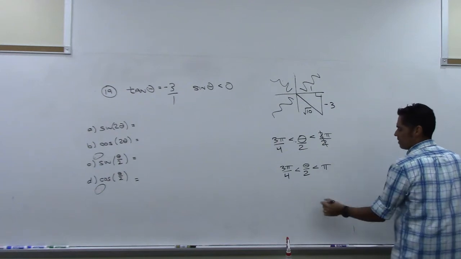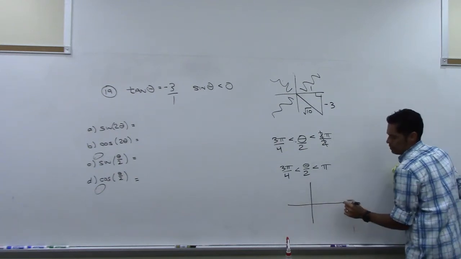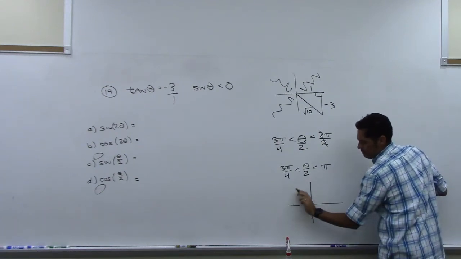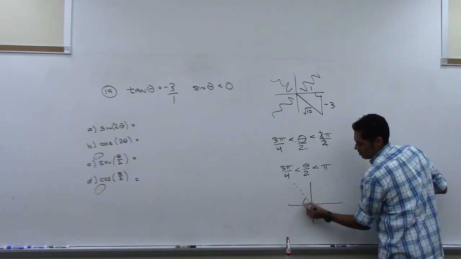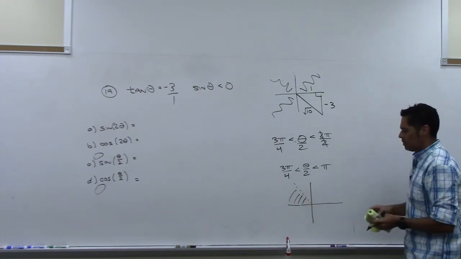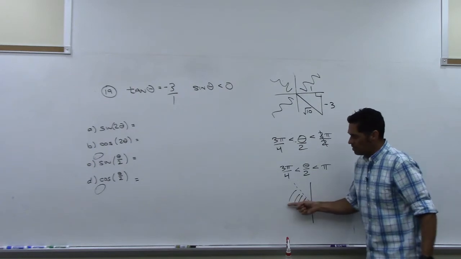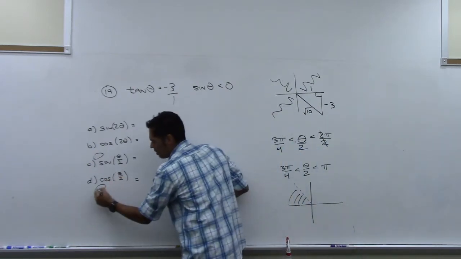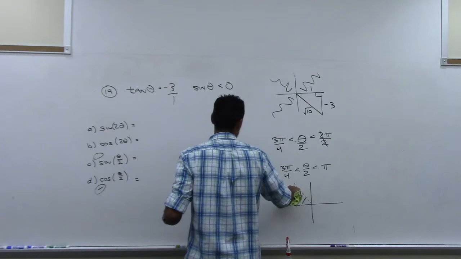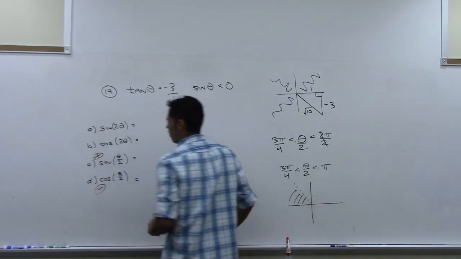So pi is here, 3 pi over 4 is here, so we're in the second quadrant, which means the x-coordinate is negative. Cosine is the x-coordinate, so that's negative, but the y-coordinate is positive, so we'll take the plus on this one.